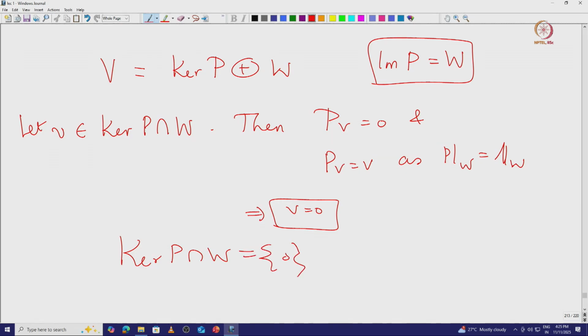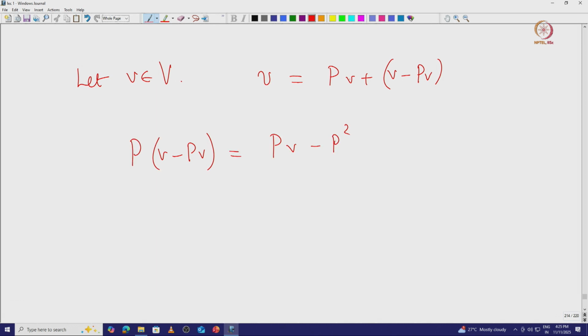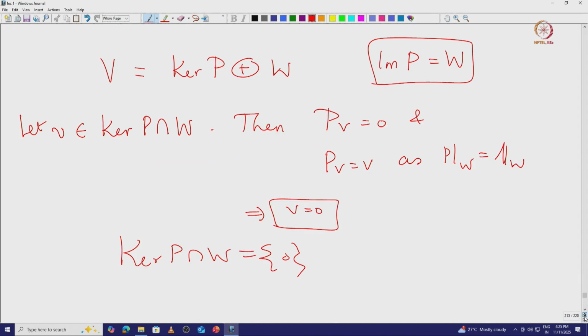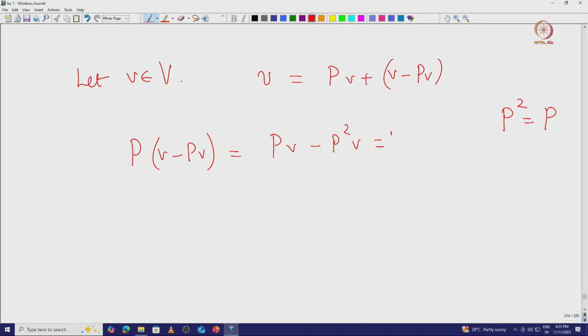Now let us prove why the sum is equal to the full space. Let v be an element in V. Then you can write v as Pv plus v minus Pv. Now if we take this v minus Pv and apply the operator P, it is exactly Pv minus P square v, but since P square is nothing but P, this is exactly Pv minus Pv, which is equal to 0.